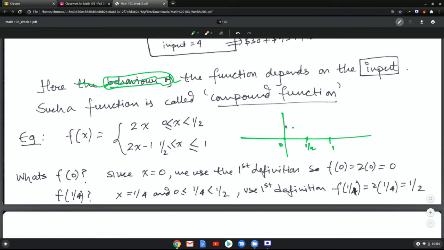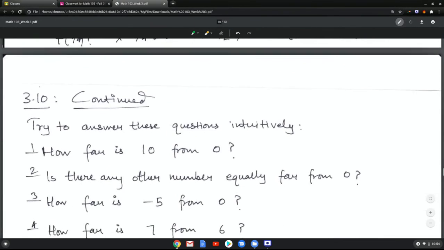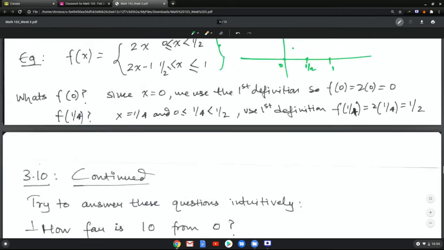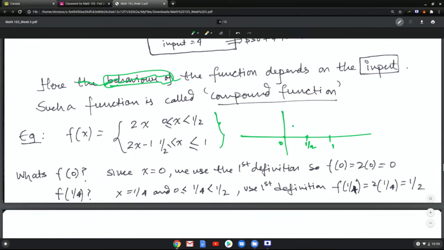Okay, this is not the function that I was thinking it is, but anyways, it still is a compound function, and depending on what the input is, you use either the first definition or the second definition. Now we're going to use this compound function in the definition of something that we're going to learn next.